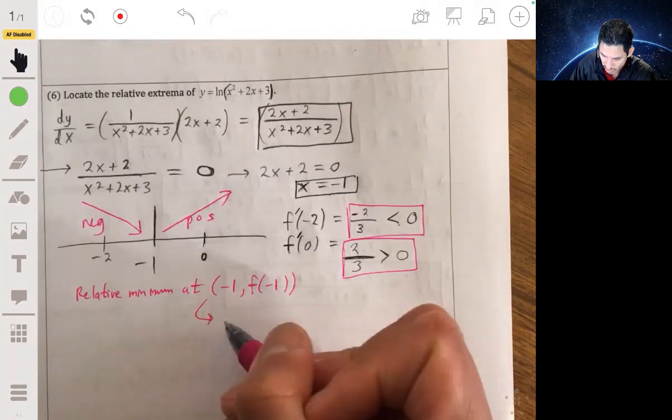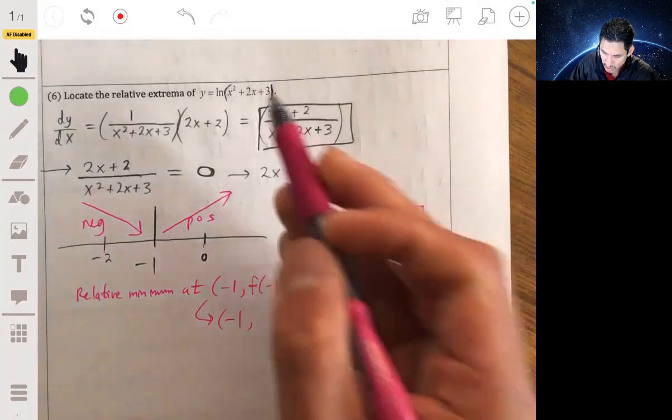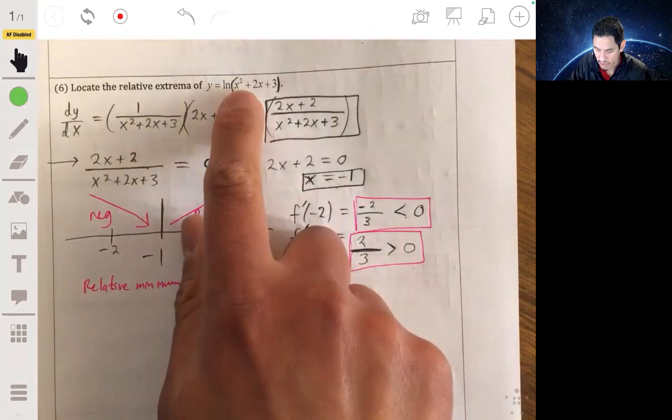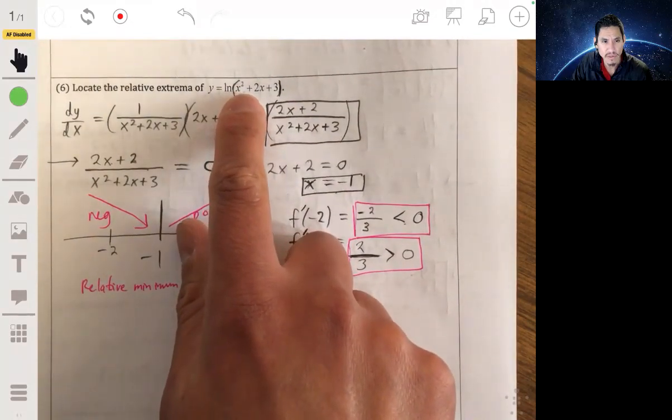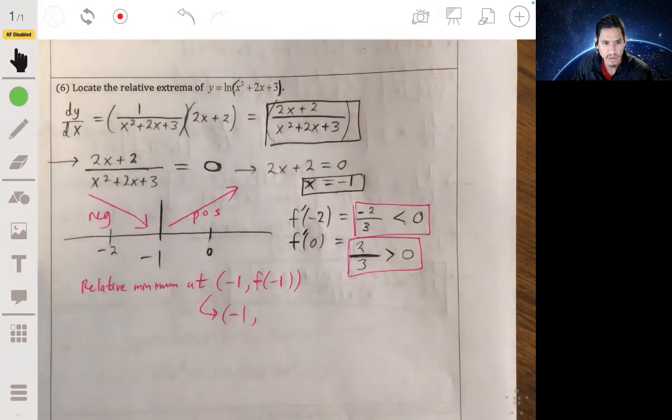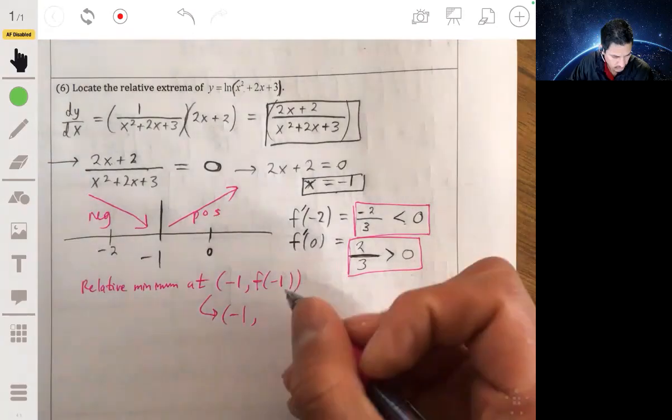And let's just see what that would be. So let's plug negative 1 in there. So we would have the natural log of negative 1 squared, so 1 minus 2 plus 3, so the natural log of 2.